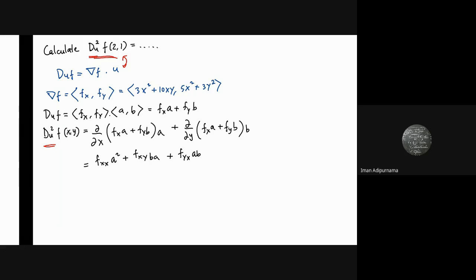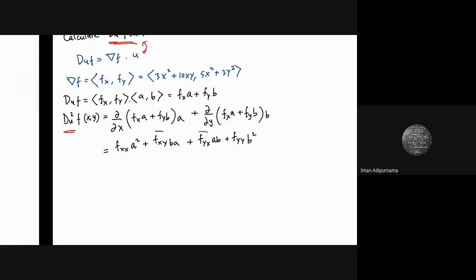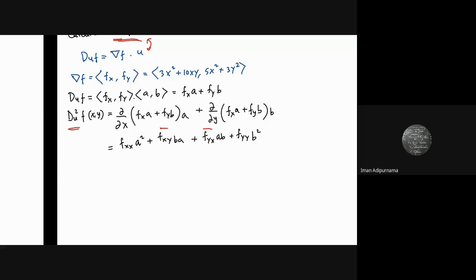But because xy and yx are the same, later we can add both of them, and partial yy b squared. And now you have partial xx a squared plus 2 partial xy ab plus partial yy b squared.